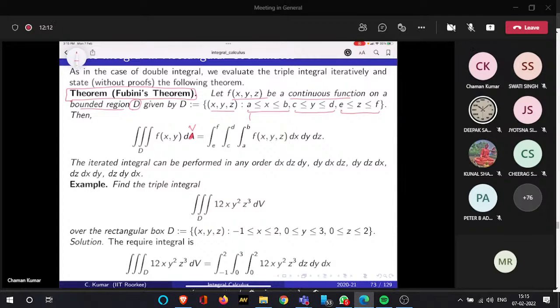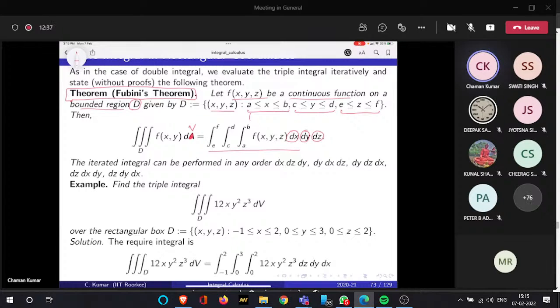So if you have this domain of the type rectangular cell or cuboid, then the triple integral can be simplified as the integral with respect to x, with respect to y, and then with respect to z.